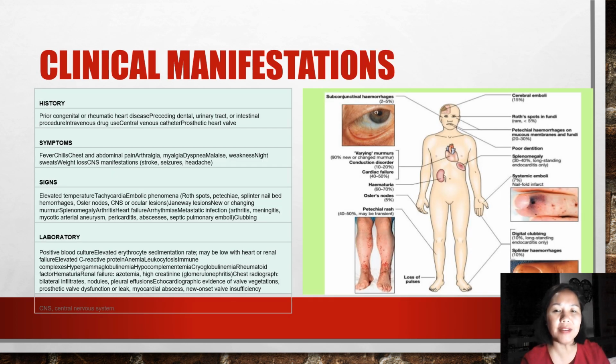These are the clinical manifestations of infective endocarditis. Usually in the history, there is congenital heart disease or rheumatic heart disease with prior dental or gastrointestinal procedure. 80 to 90% of them will present with prolonged fever, and 40 to 50% will have heart failure, and about 40 to 50% also with petechial rash, and some may present with splenomegaly, Osler's nodes, splinter hemorrhages, petechial hemorrhages on mucous membranes, Roth spots, and systemic emboli.